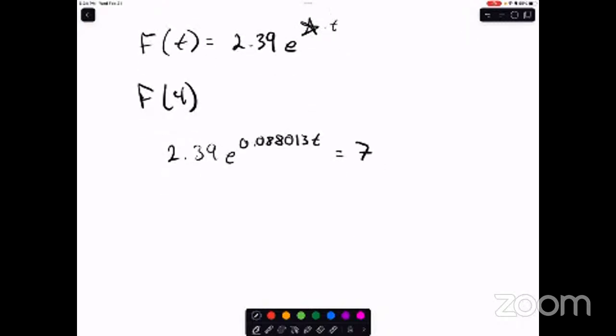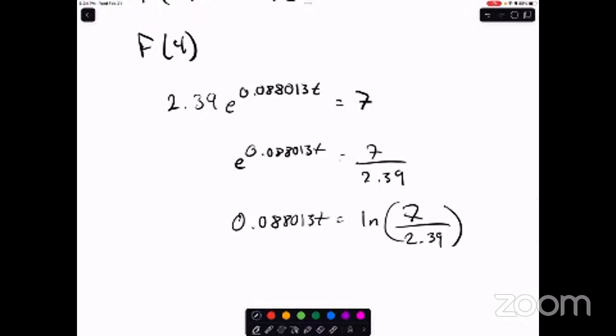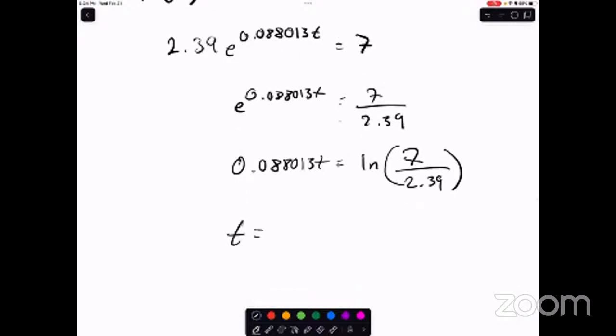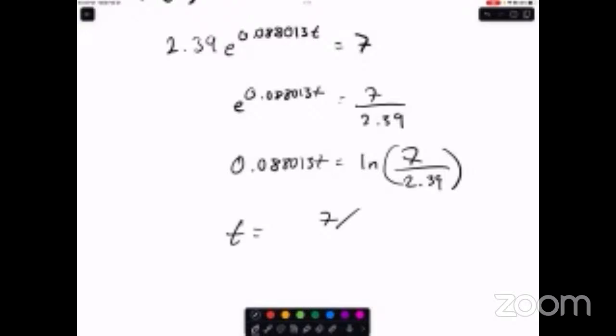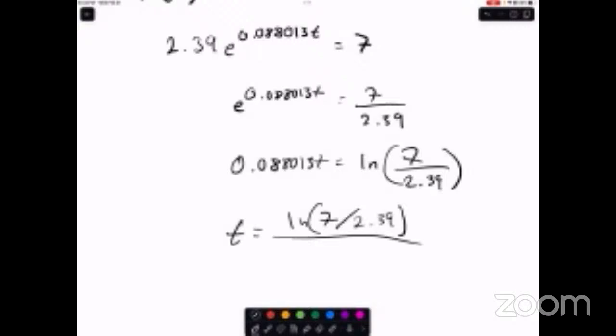So if we divide by 2.39, we get e to the 0.088013 t equals 7 over 2.39. Take the natural log on both sides. So then ultimately t is going to be equal to the natural log of that divided by that decimal, 0.088013. Okay.